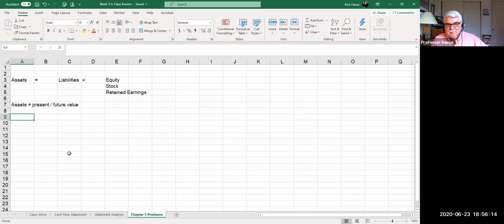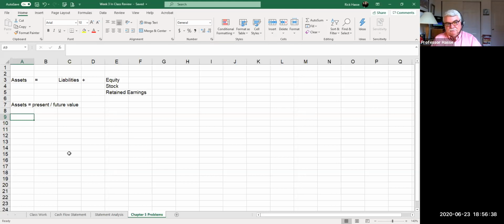Probably not, but maybe some of you did in some accounting classes. But now this is one of the key concepts of finance, to make sure we understand these calculations and how to do it and what they tell us. Because we're going to be working with present and future value every week for the next 7 weeks till we conclude this class. So it's important to get this down, and that's why chapter 5 is very important.